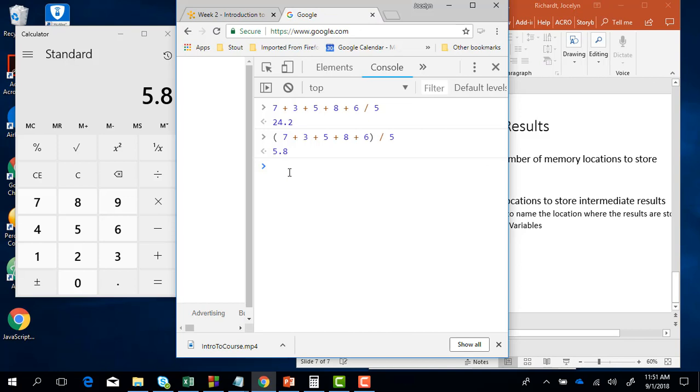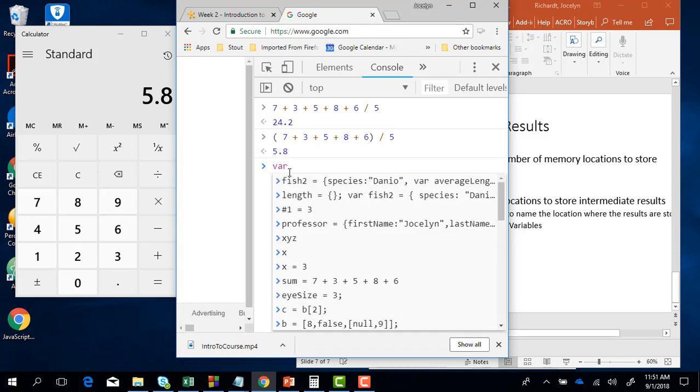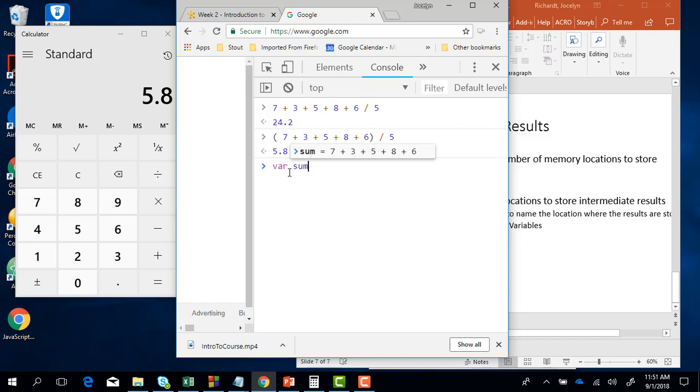So if we say, I want a variable, I want a place in memory, and I want you to call it sum, and I want you to set it equal to this expression that we've been adding together. Now, because we stored it in the sum, it's not giving us the value back right away.